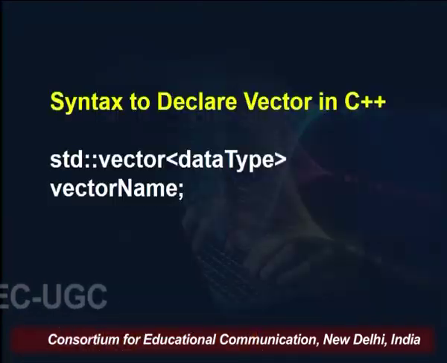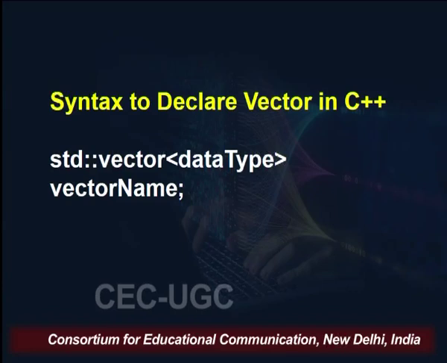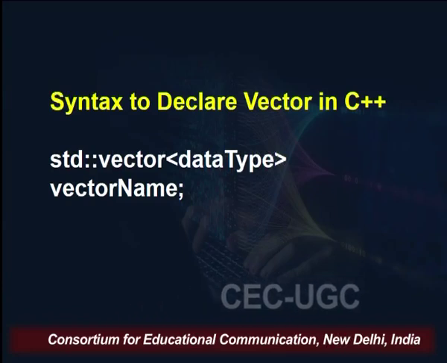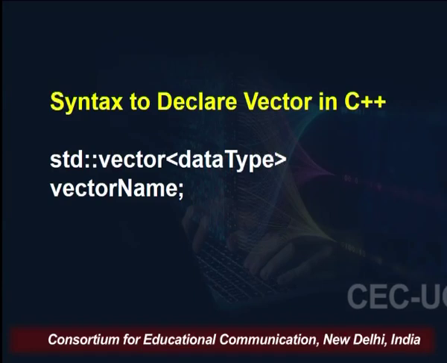So, std scope resolution operator, which is nothing but the double colon, vector the name of the class, the data type within angle brackets, and then we have the vector name. The vector name is the name of the vector which you want to declare.